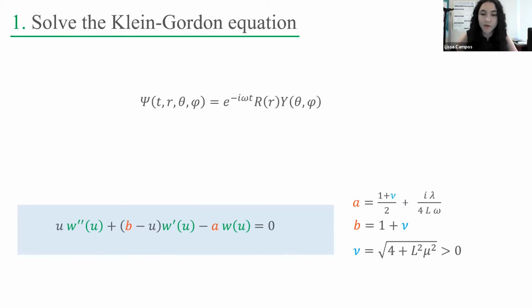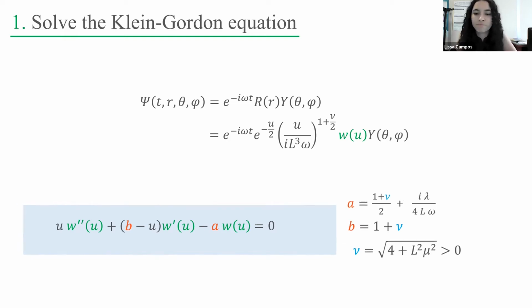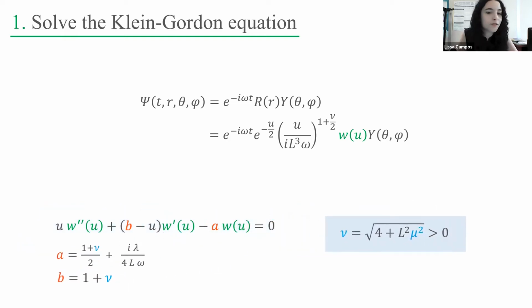Instead of talking about mu, I'm going to talk about nu. And we can use the solutions of the confluent hypergeometric equation to write down the solutions of the Klein-Gordon equation. So nu is what I'm going to use now instead of the effective mass.